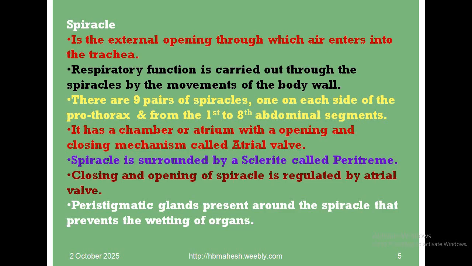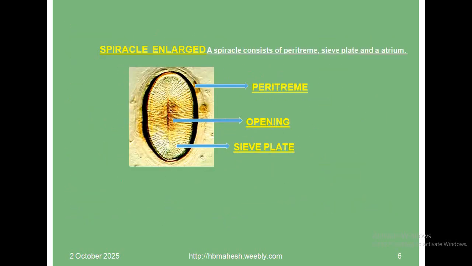See, depending upon the requirement of oxygen or expel of the carbon dioxide from the body, the spiracle opens and closes depending upon the body requirement. Peristigmatic glands present around the spiracle prevent the wetting of organs. These glands secrete a fluid which protects from the wetting of organs.